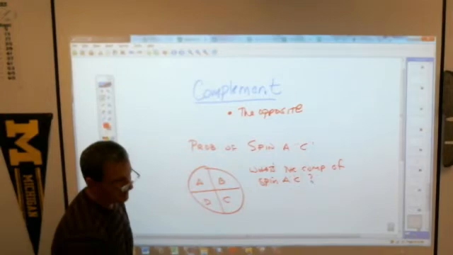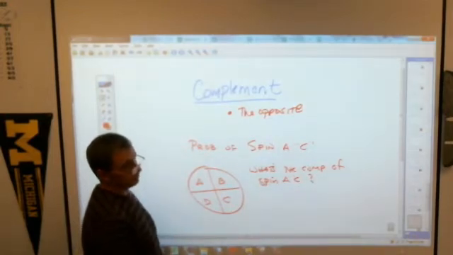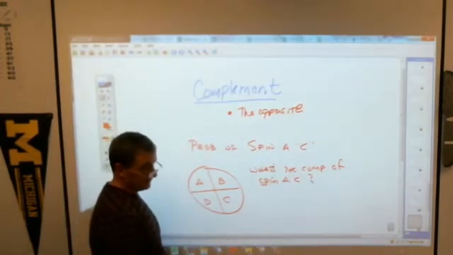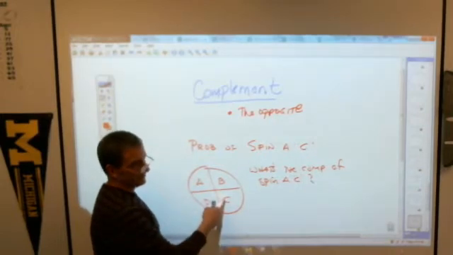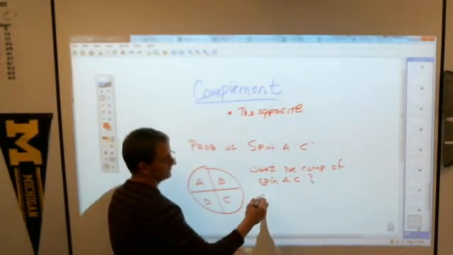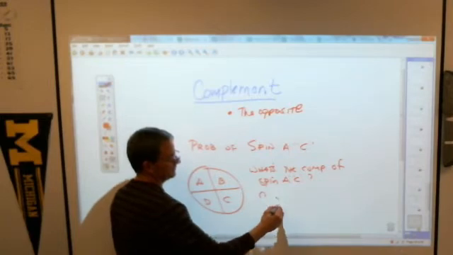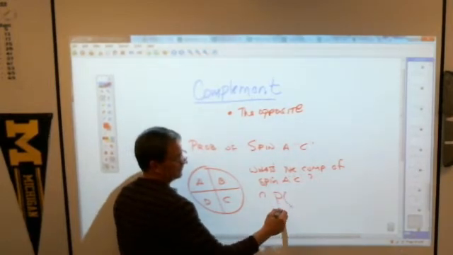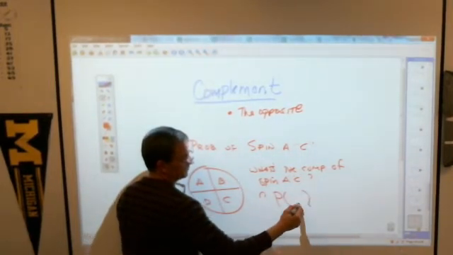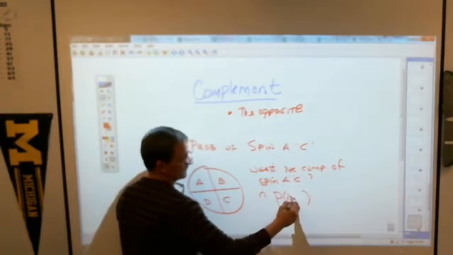The complement of spinning a seed would simply be, what's the probability of not spinning a seed? How many not seeds are there? 3. The complement of spinning a seed is the probability of not spinning a seed.